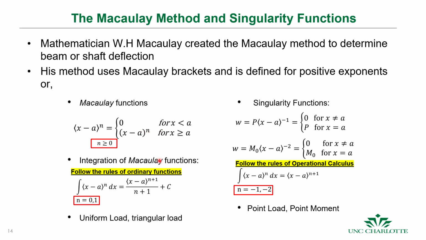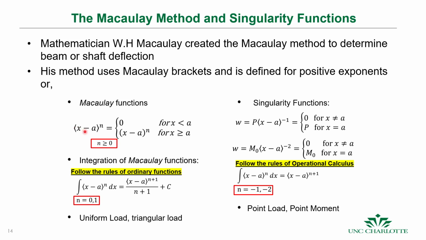Okay, now the extensions of the Macaulay functions are these singularity functions, and they include the negative powers of -1 and -2 into the integration. So that's really the difference.